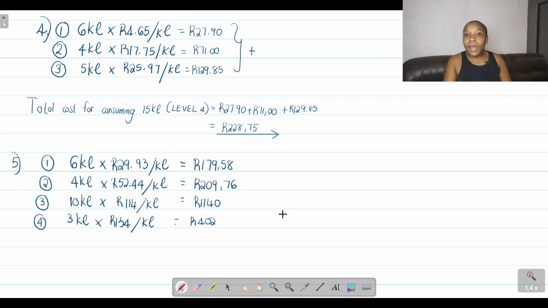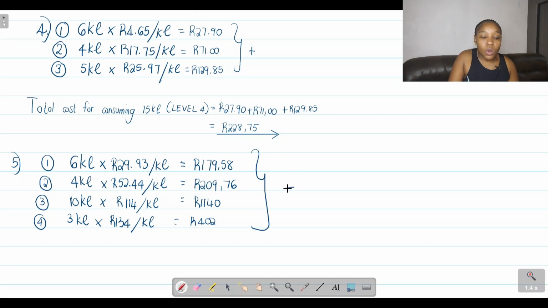All right, so if you punch the values into your calculator, right, you'll get 179.58 for the first step. You'll get 209.76 for the second step, 1,140 for the third step, and 402 for the fourth step.